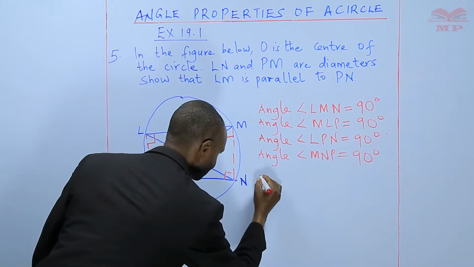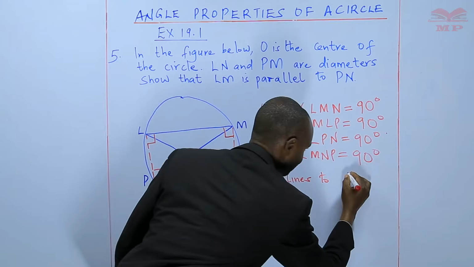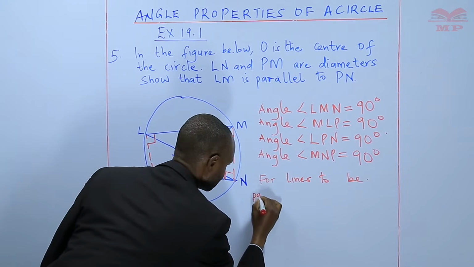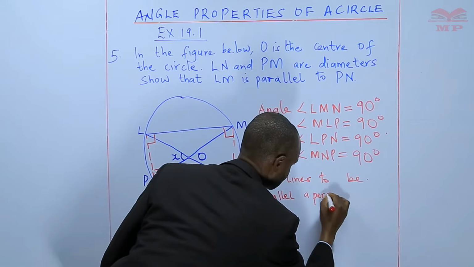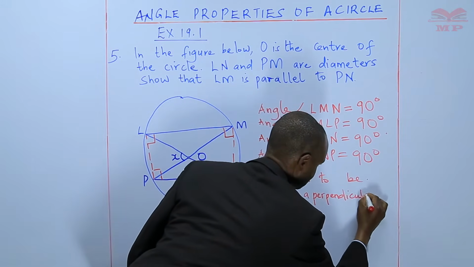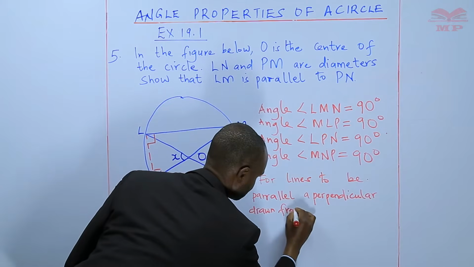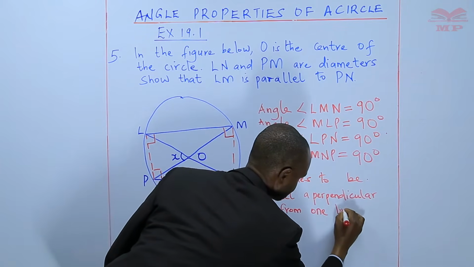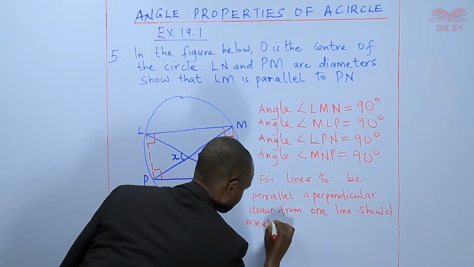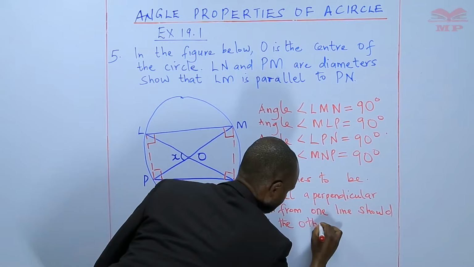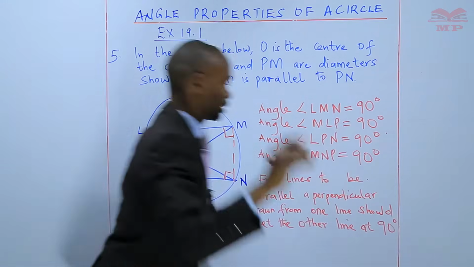So for lines to be parallel, a perpendicular drawn from one line should meet the other line at 90 degrees.